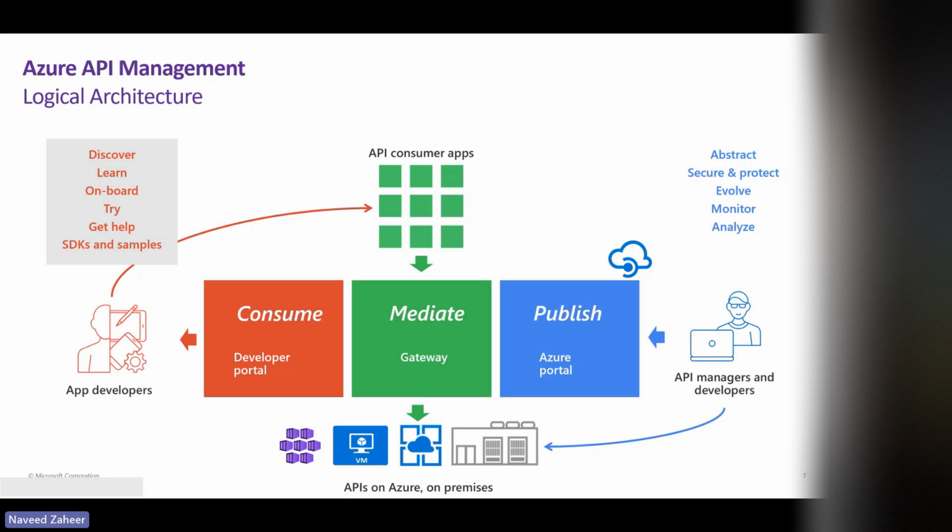You can evolve those, because since the implementation is hidden behind this facade of API management, you can change the implementation. So, for example, let's say you start with an API that was actually written in SOAP, but the people wanted REST.